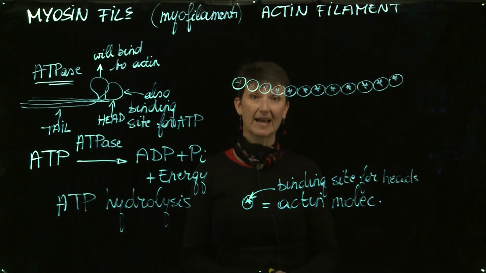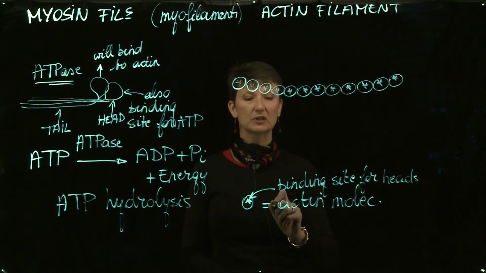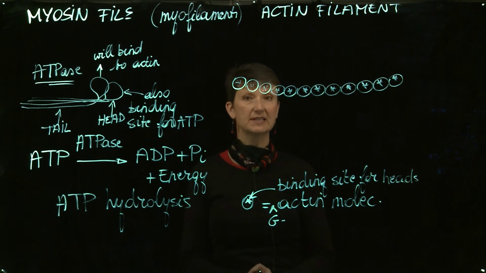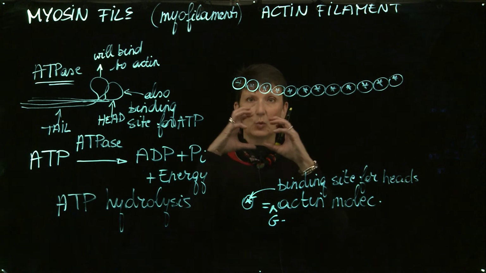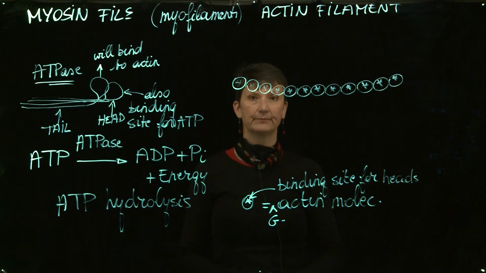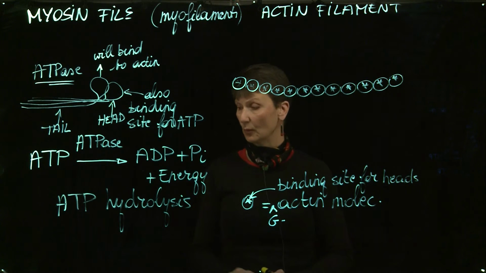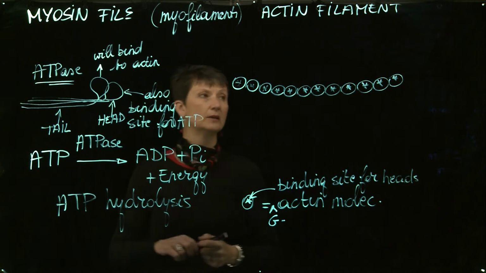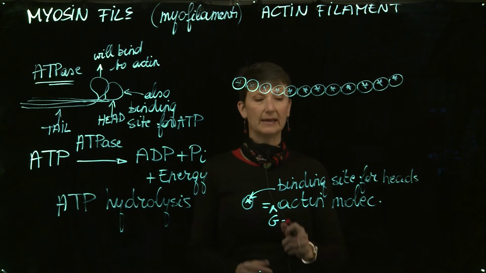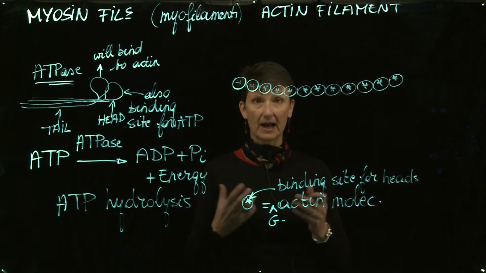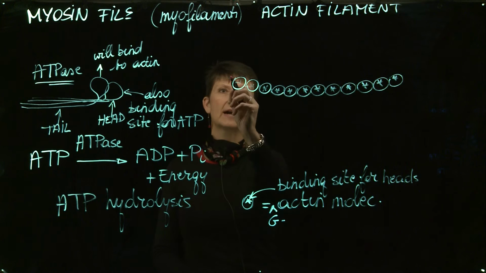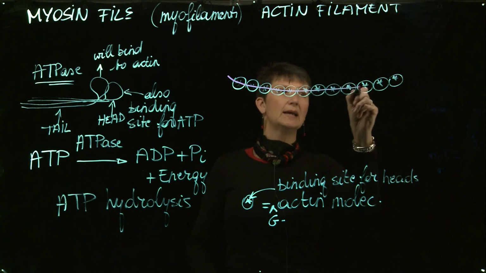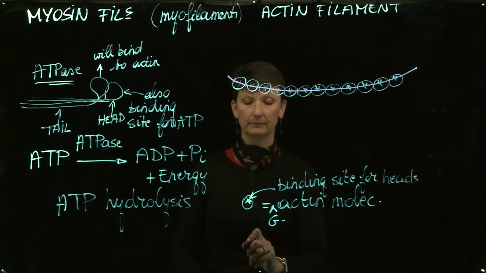Often one of these actin molecules is more specifically called a G-actin molecule, where the G stands for globular, as in round. Okay, now we find that covering these binding sites at times that a muscle is not contracting, these binding sites are covered by a second protein.